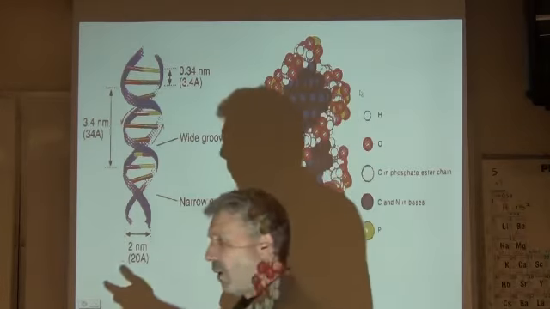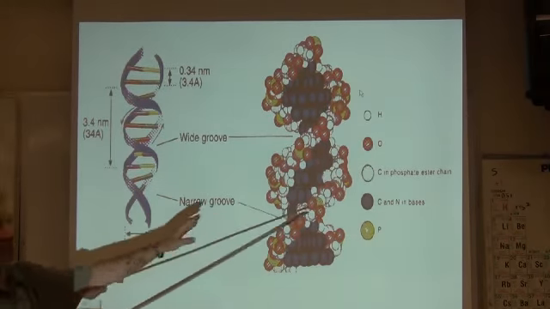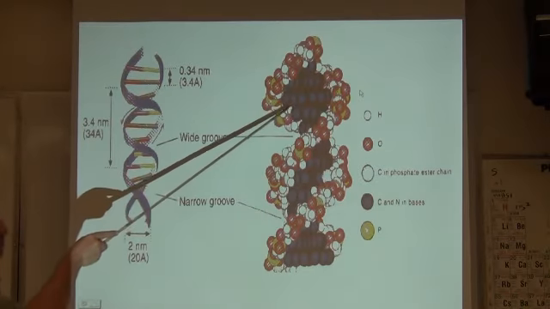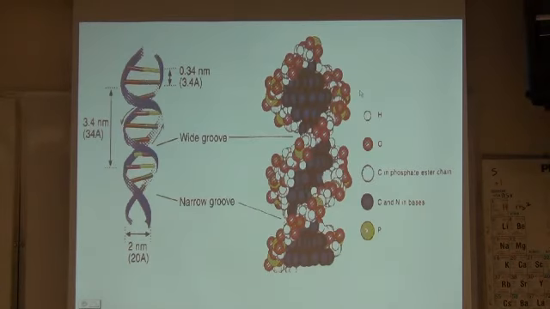So we have a wide groove and a thin groove. Currently they're doing research on putting molecules or atoms into these grooves in an effort to activate certain areas of the nucleic acid to maybe produce certain types of proteins. It's current research. Pretty good stuff, too.